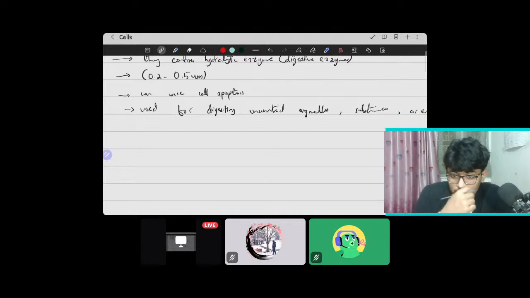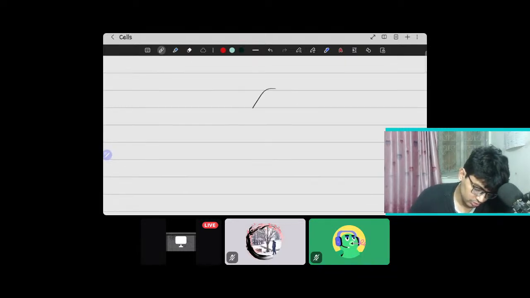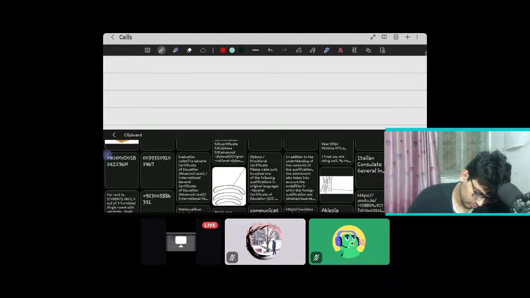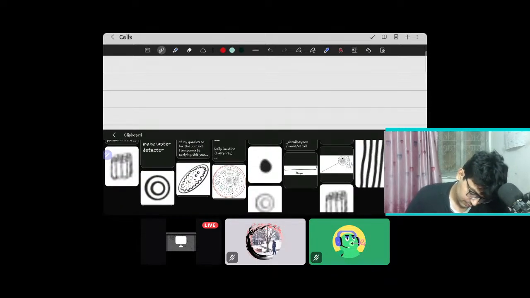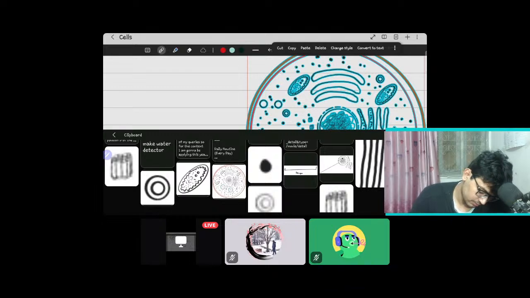So for example, if there's an organelle which needs to be disintegrated or vanished from existence, let me give you a scenario here. So this is the cell here, let me just redraw. Let's say, just for example, this is a cell.